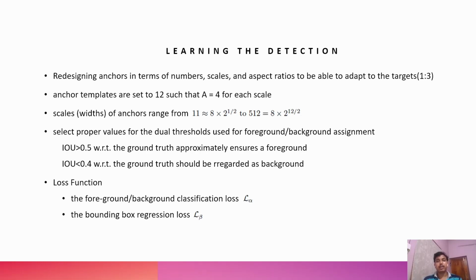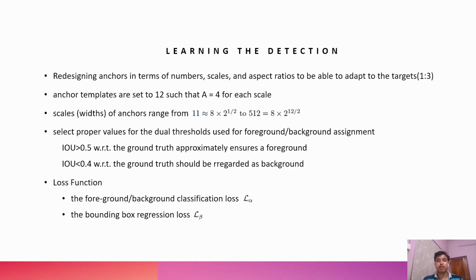Anchor templates are set to 12, such that A is equal to 4 for each scale, and the scale widths of anchors range from 11 to 512. Secondly, select proper values for the dual thresholds used for foreground and background assignment. If the intersection over union is greater than 0.5 with respect to the ground truth, it approximately ensures a foreground.